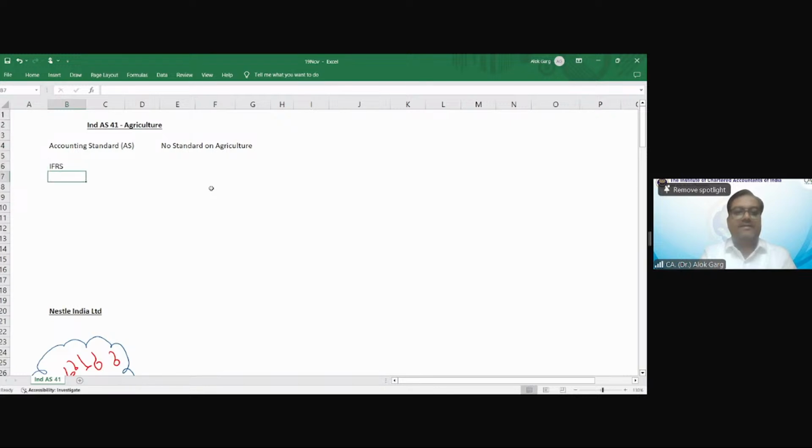Under IFRS, there is a global standard, IAS 41. Under Ind AS, it is Ind AS 41, right? And there is no difference between the global standard on agriculture and the Indian standard on agriculture. There is no difference between IAS 41 and Ind AS 41, right?